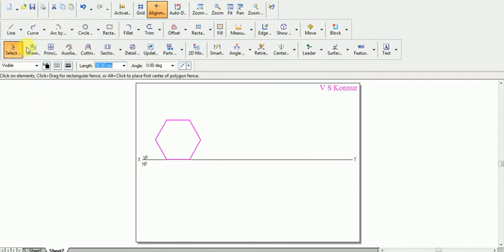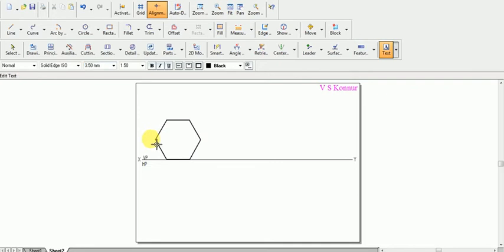Can we do the naming? A dash, A dash, B dash, C dash, D dash, E dash, F dash.